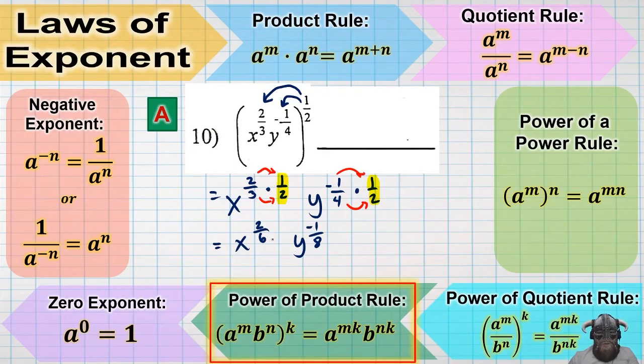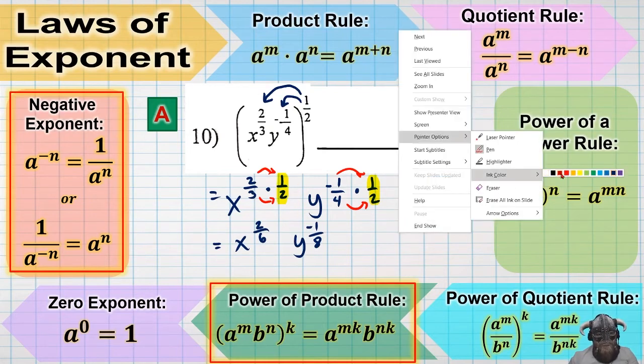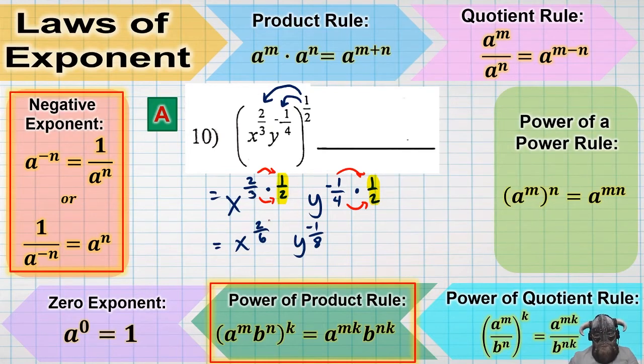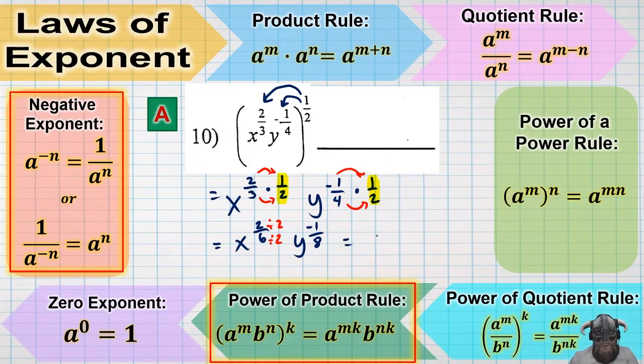So, if you look, we can still simplify this. Because it is negative, we will use the negative exponent later. But maybe let's also get the lowest term of 2 over 6. We can divide both of these by positive 2. And then, by that, our answer will be x raised to 2 divided by 2 is 1, 6 divided by 2 is 3.